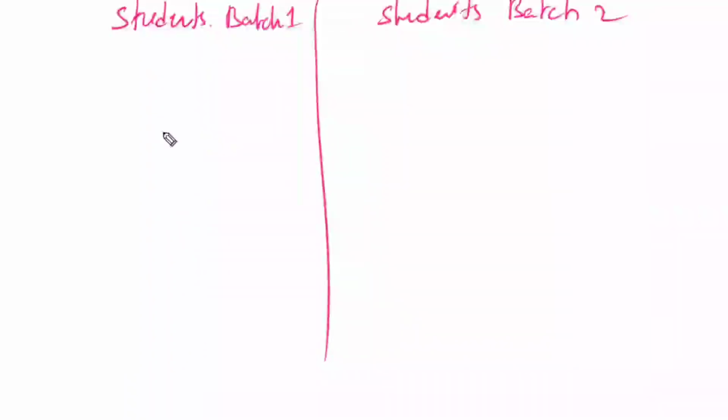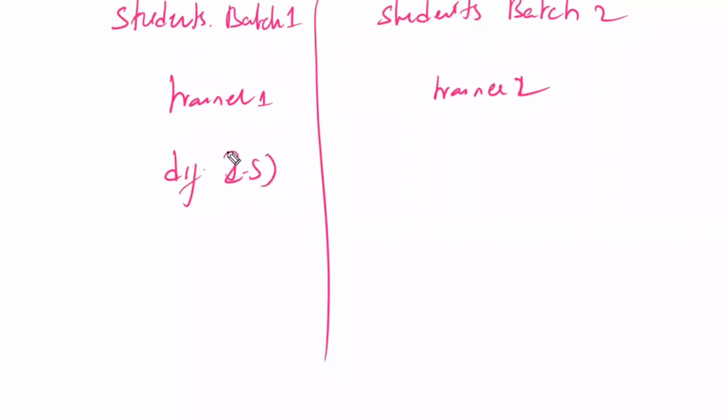Trainer one, trainer two. Here, the trainer is explaining a difficult topic like inferential statistics. Here, the trainer is explaining a very easy topic like for loop. Assume he is explaining a for loop.